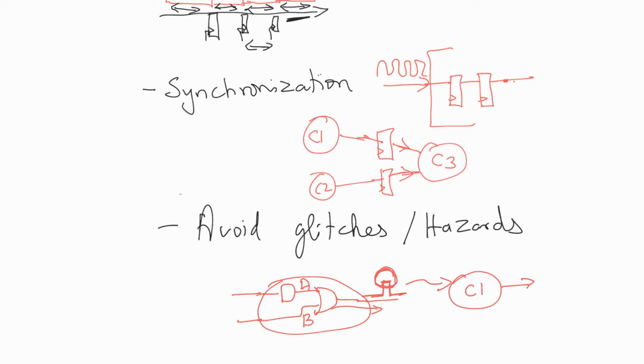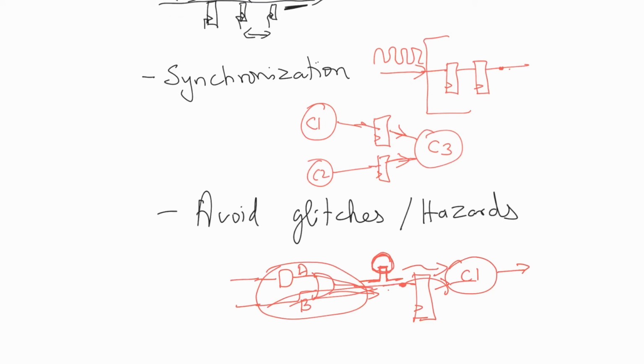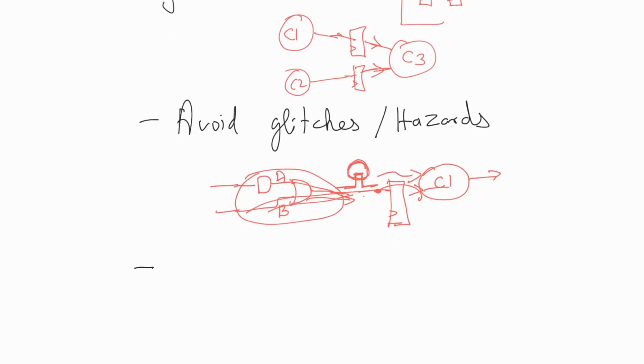To stop that, we will put a flip-flop, and we will only register the value after all the paths have settled down. After all the paths have settled down, then we will register this value and pass it on to C1.